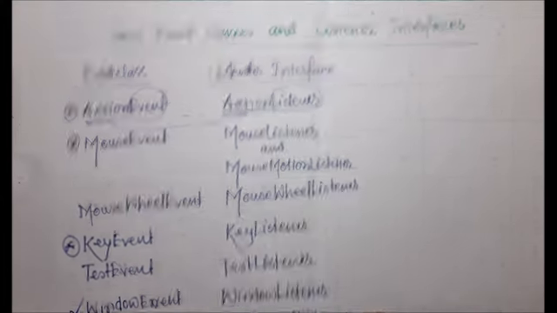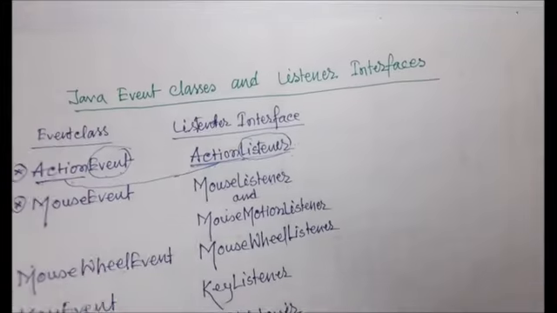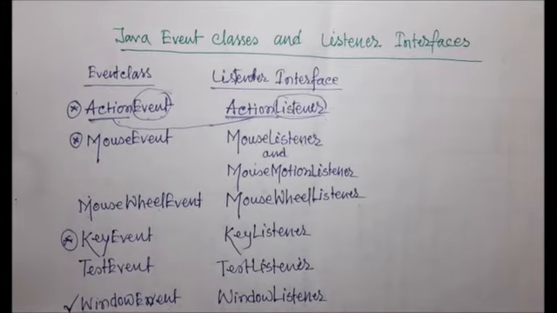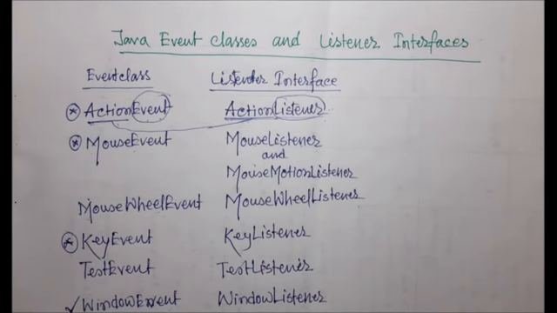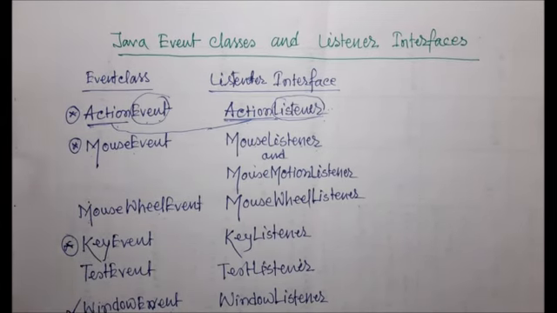We have some other important methods to register. Here I have just discussed some event classes. What are the event classes? Action event, mouse wheel event, key event, text event, window event, component event, container event, focus event, and the corresponding listeners I have mentioned here: action listener, mouse motion listener.